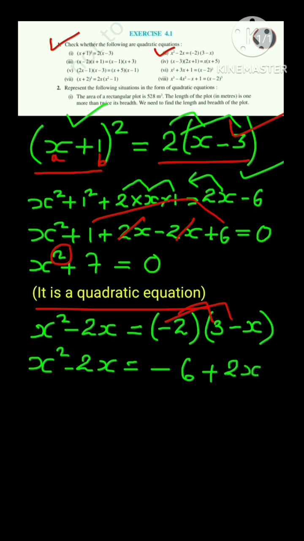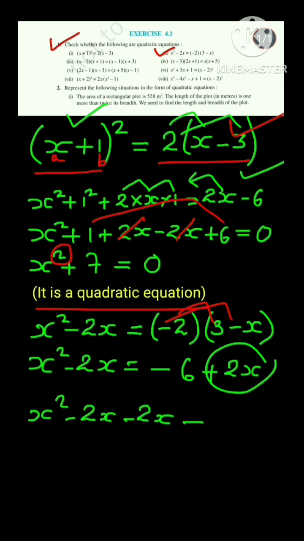Now let's arrange: x square minus 2x, and this plus 2x comes to LHS and becomes minus 2x, and this minus 6 also comes to LHS and becomes plus 6 equal to 0.